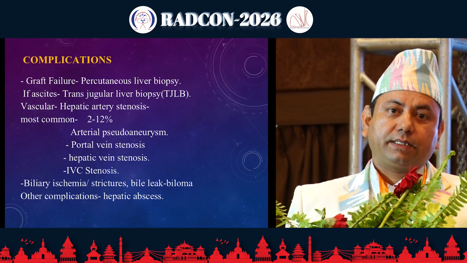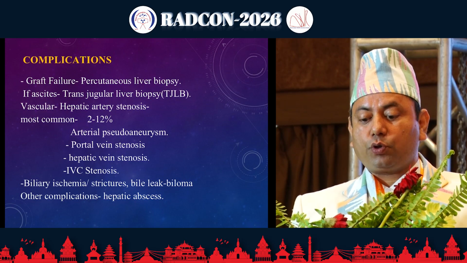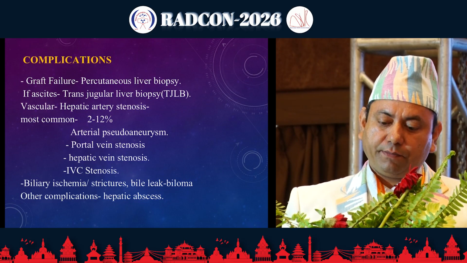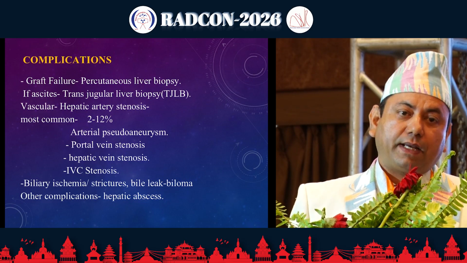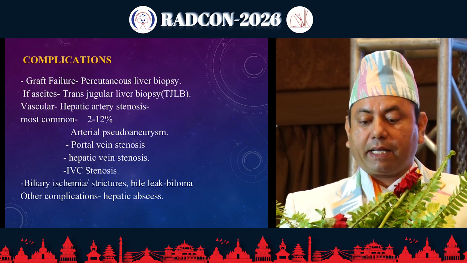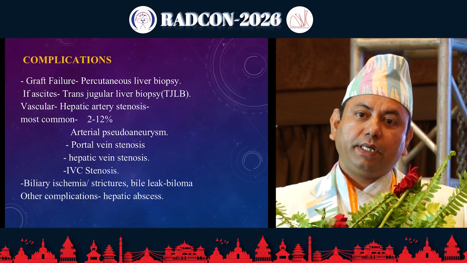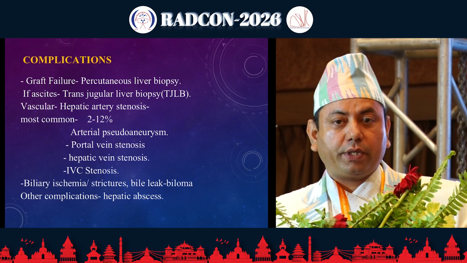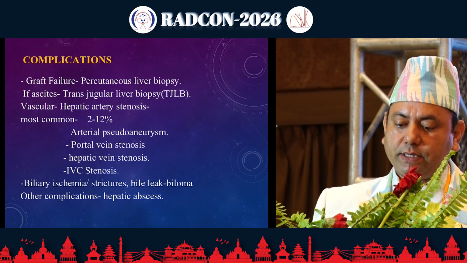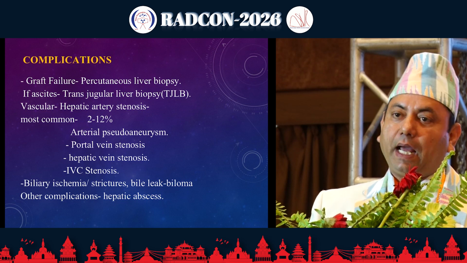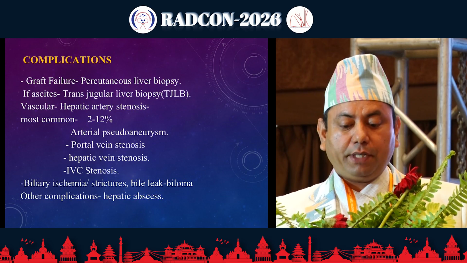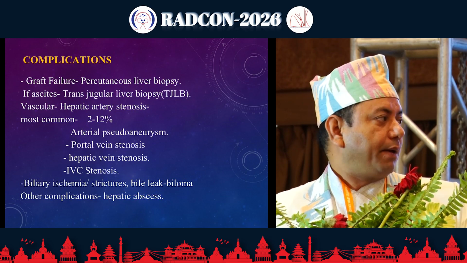If there's ascites, we can use the transjugular approach and take a biopsy from the right hepatic vein branch. Among vascular complications, hepatic artery stenosis is the most common at 2 to 12%. Other complications are arterial aneurysm, portal vein stenosis, hepatic vein stenosis, and IVC stenosis. Biliary complications include ischemia, strictures, bile leak, and biloma. Another complication is hepatic abscess.